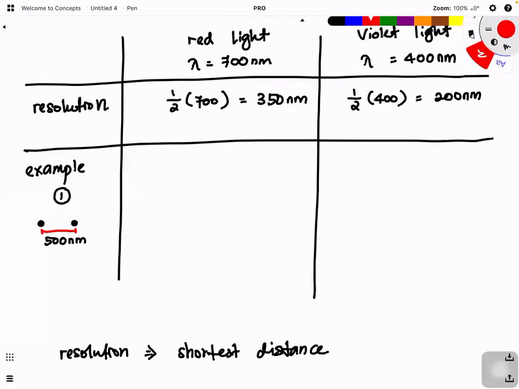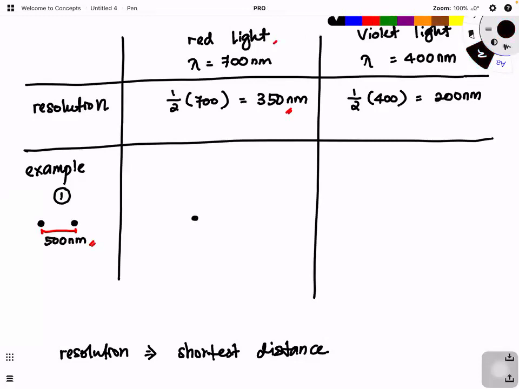Okay, so if you use a red light as the source of radiation, the shortest distance I can differentiate as 2 points is 350. And here it is 500. So it means that if you use the light microscope using the red light, I can see them as 2 points. Are you clear?